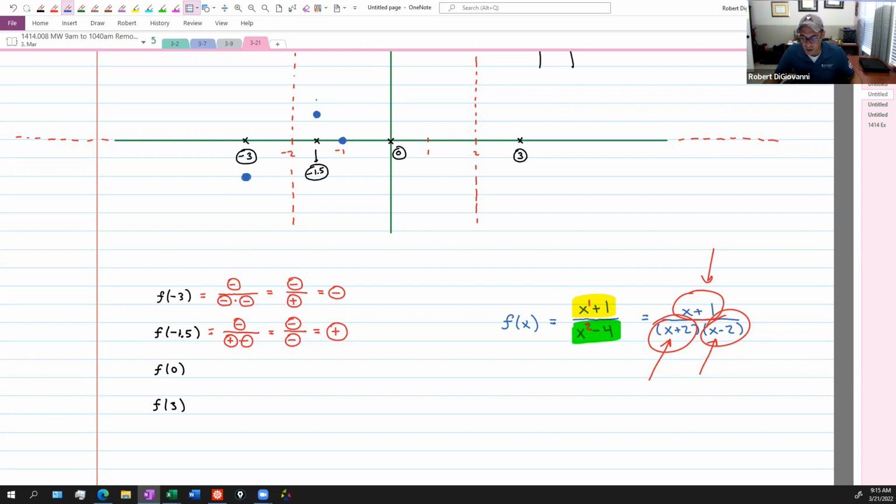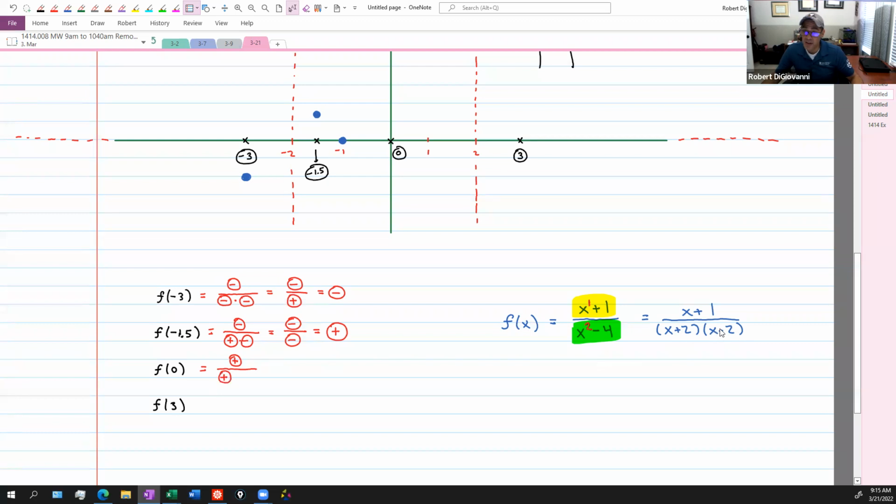All right, let's plug in 0. If we plug in 0, let's follow the same procedure. Plug in 0 to the top and bottom. If I plug 0 in here, 0 plus 1 is 1 on top, so I get a positive on top. And then 0 plus 2 is 2, that's positive.